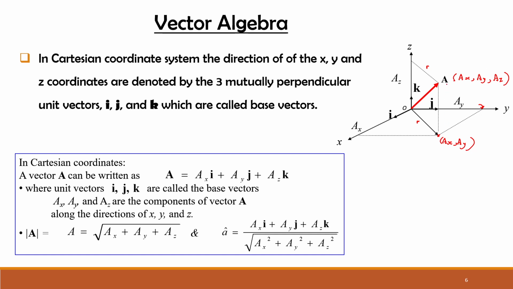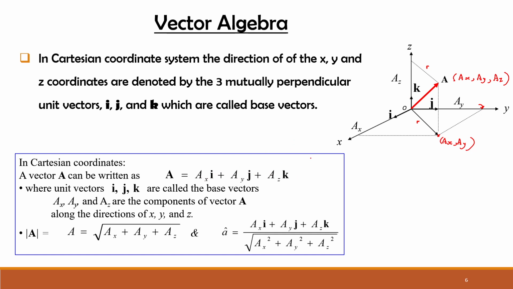Then we can write vector A, with the unit vectors in the x, y, z axes being i, j, k. So we'll write vector A as axi plus ayj plus azk.